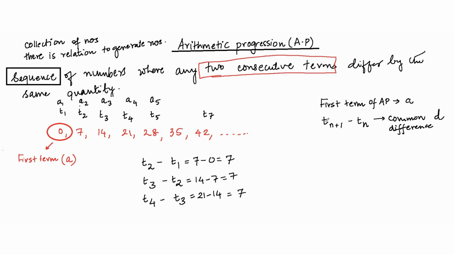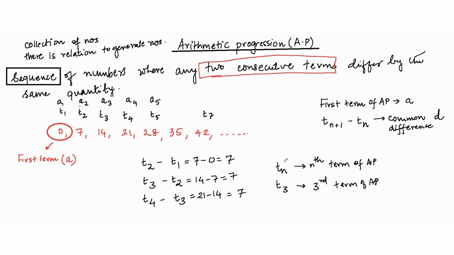So let's understand what is Tn plus 1 and Tn. Tn means the nth term of the AP. For example, if n is equal to 5, then T5 would be the fifth term of the AP, right? Whereas if you replace this 5 by 3, then T3 would be the third term of this particular AP, and so on.